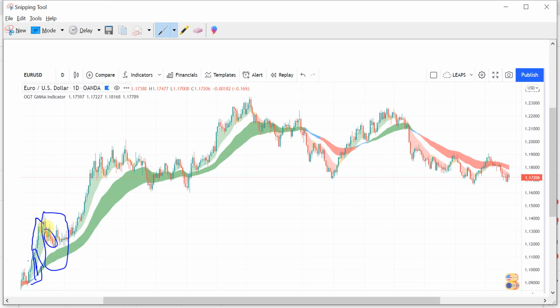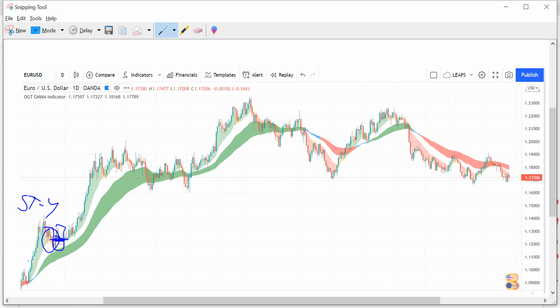Price went up, price came back down, and then price went down, and you saw the short-term investors went to yellow, therefore they went to neutral ground. And then we saw it change to green again.